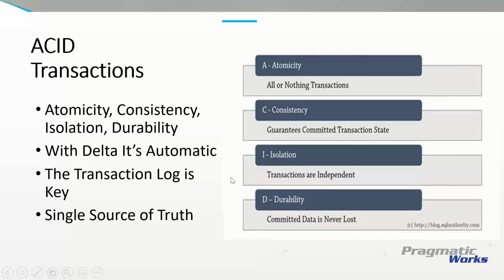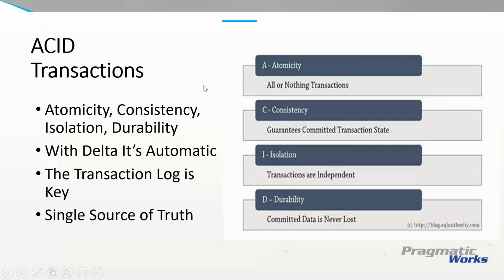Isolation essentially means that the transactions that are occurring are isolated. They're independent. And then, of course, durability means that the data is never lost. Any committed data that gets written is never lost from then on.